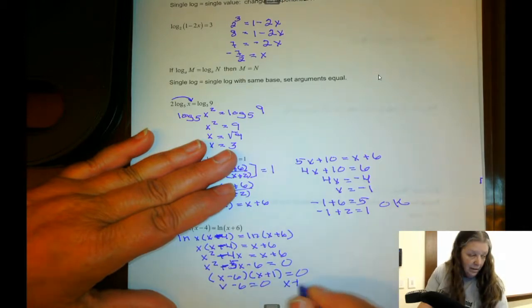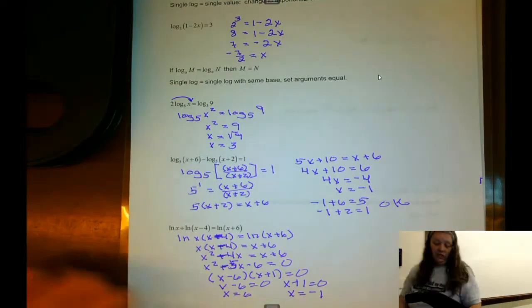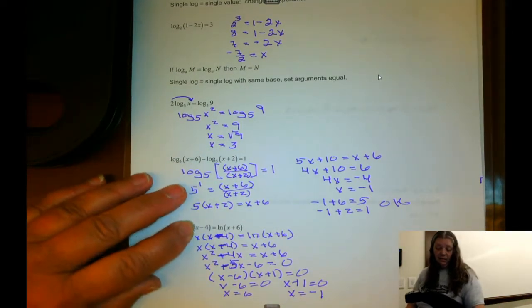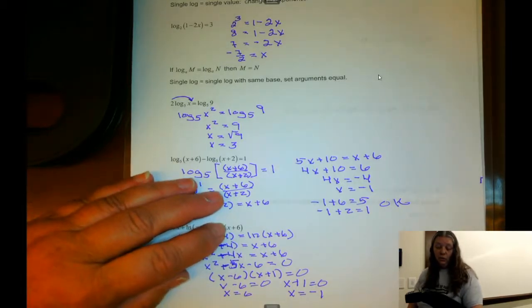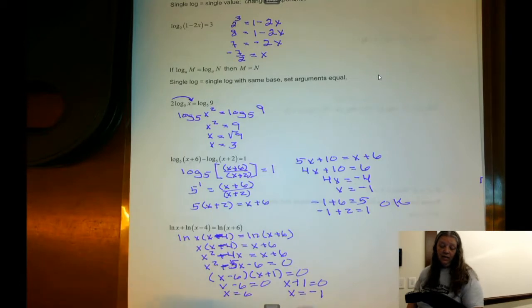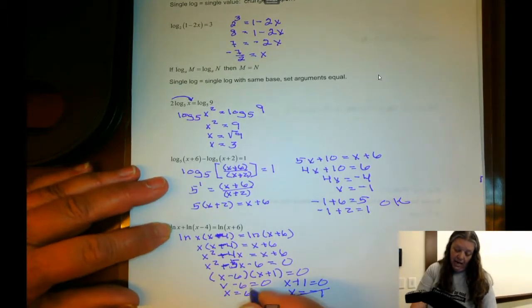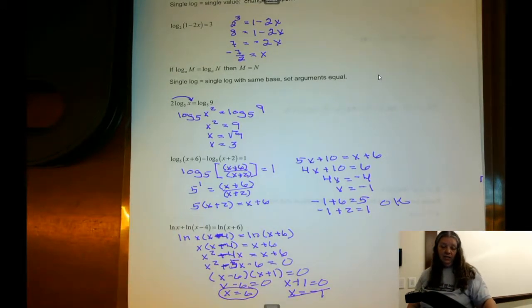X plus 1 is 0. x equals 6, x equals -1. We check the 6. We have ln of 6, that's okay. 6 minus 4 is 2, that's okay. 6 plus 6 is 12, that's okay. Check the -1, ln of -1. We cannot do it, so our only answer is x equals 6.